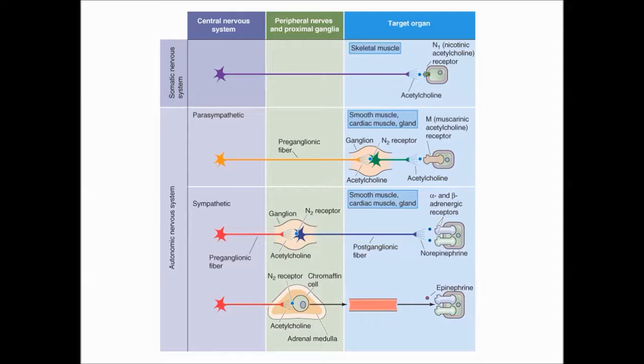The elaboration of these different receptor families has made possible a tremendous boon to pharmacological treatment of patients, because we've developed very specific beta 1 and beta 2 receptors, so we can dilate bronchioles.